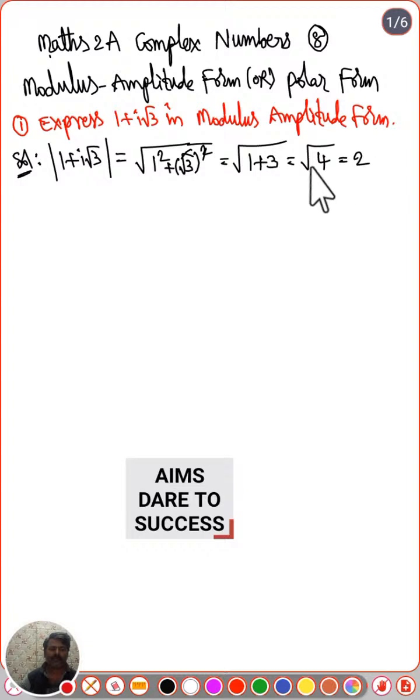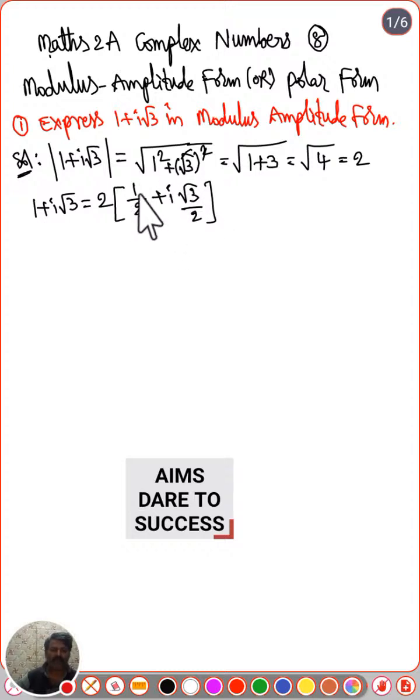Root 4 is 2. Okay, this is the modulus value. Now we take the given value 1 plus i root 3. Now we got modulus value 2, so 2 multiplied outside and 2 divided inside: 1 by 2 plus i into root 3 by 2.